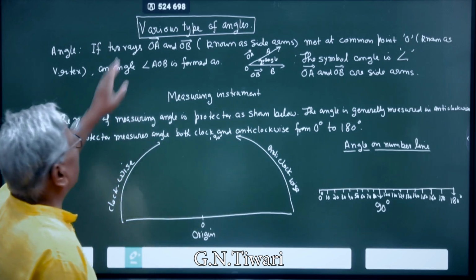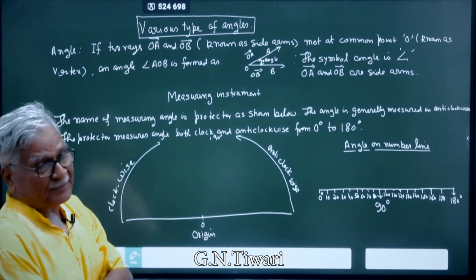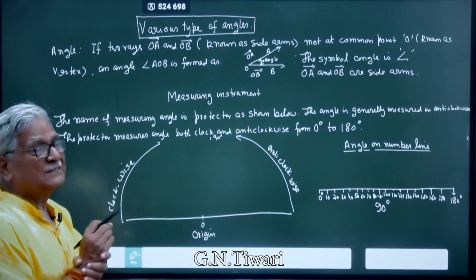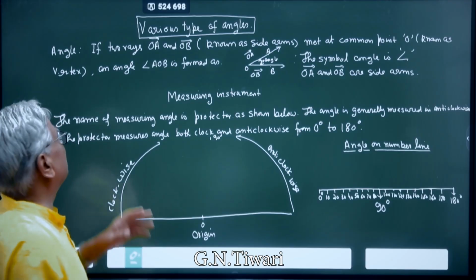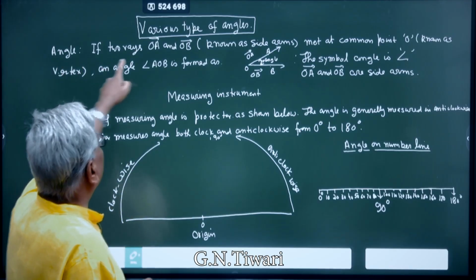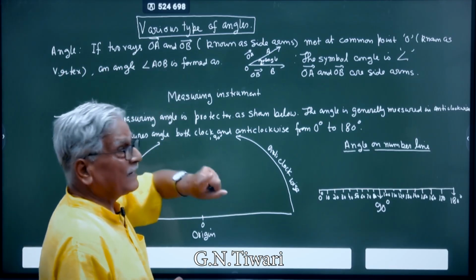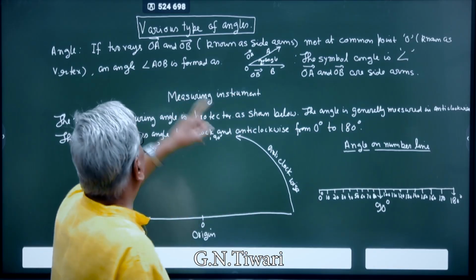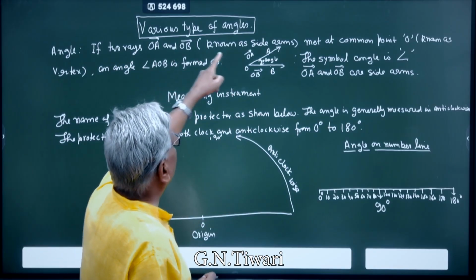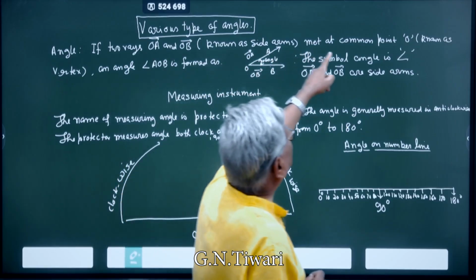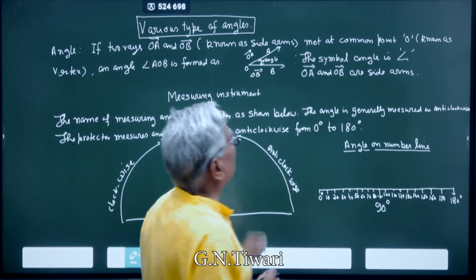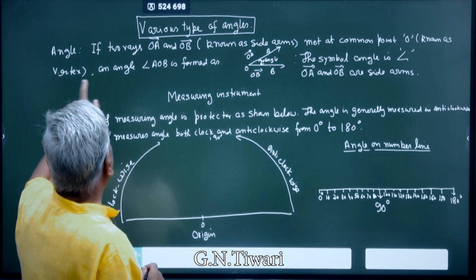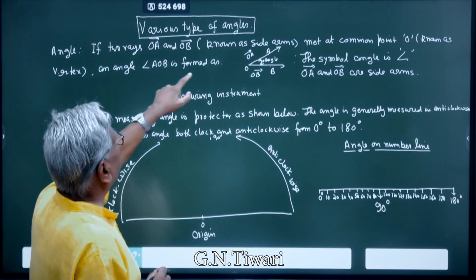Now next, various angles are very important for class 5 students. Here we will go with the higher classes. Angle: if two rays OA and OB, here rays have been used, not line segment, not line. The two rays OA and OB, known as side arms, meet at a common point O. Then an angle AOB is formed as this.